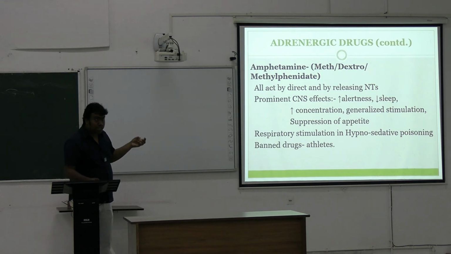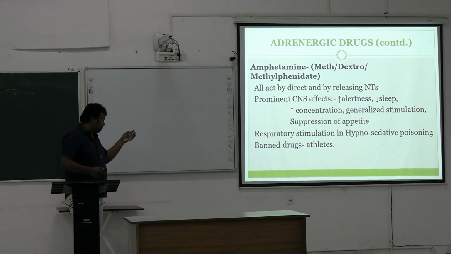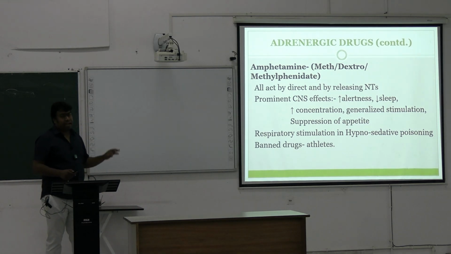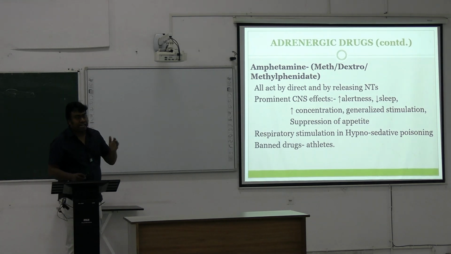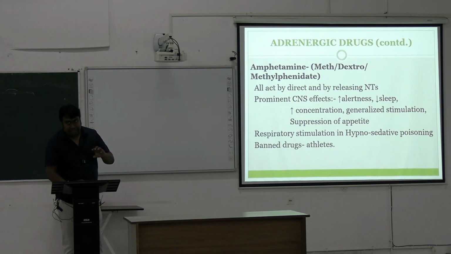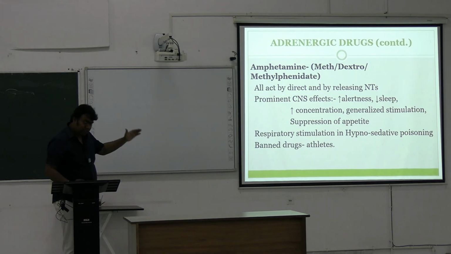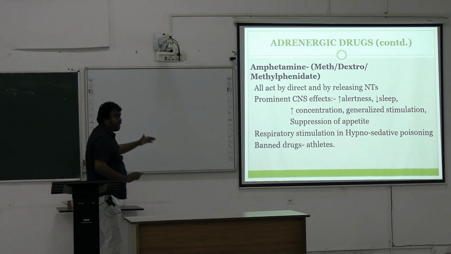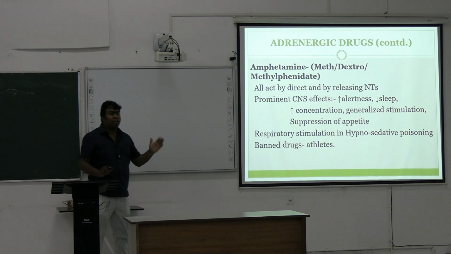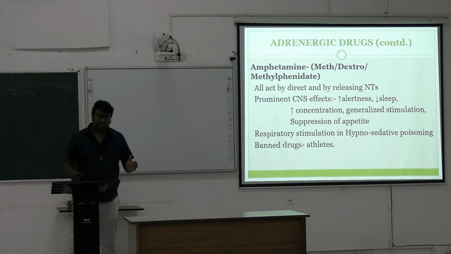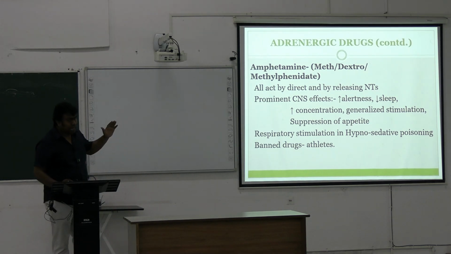They can also stimulate the respiratory center. It is a banned drug nowadays. So the adrenergic drug with CNS action is amphetamine. What does it do? Increase concentration, increase alertness, reduce sleep, reduce appetite. Clear? They are banned nowadays.